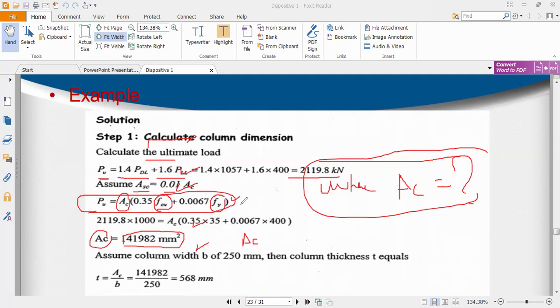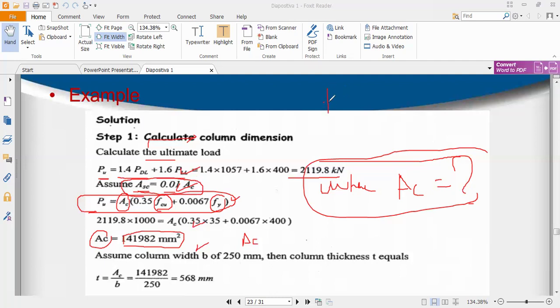Okay, what about the 0.35? I don't understand the one you circled. To assume Asc is equal to 0.01. Where is 0.35?